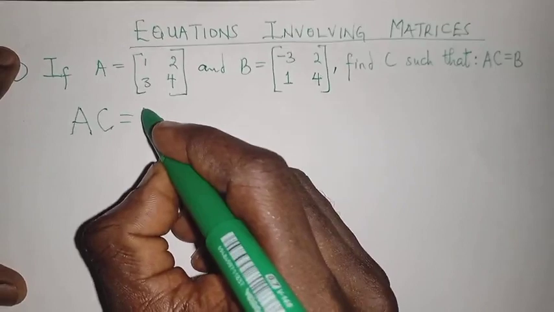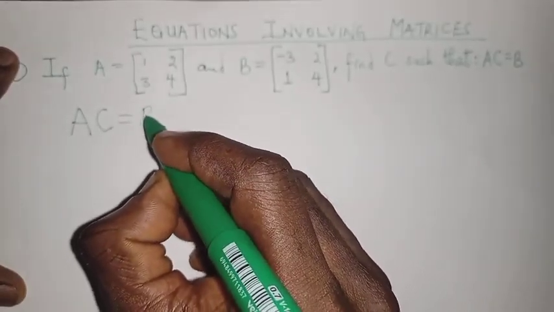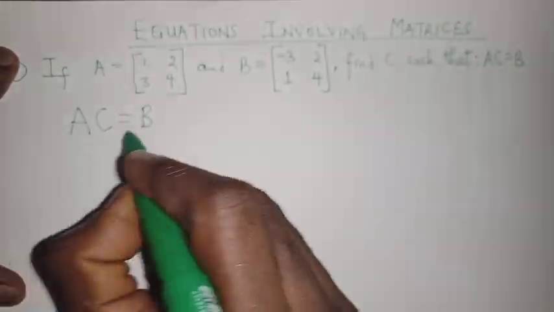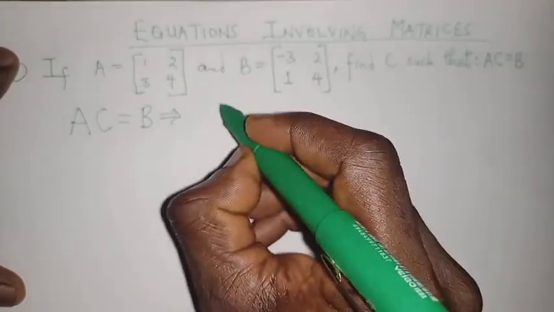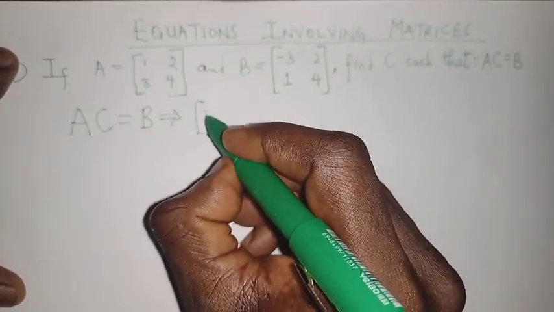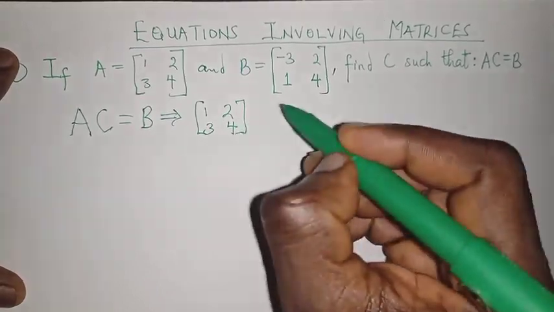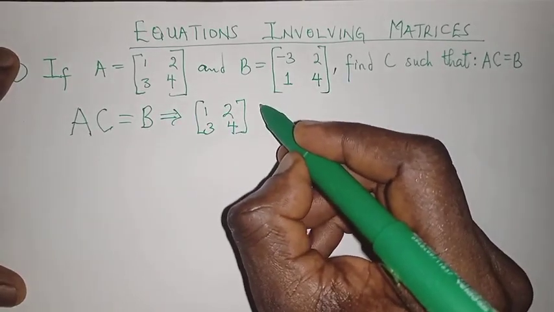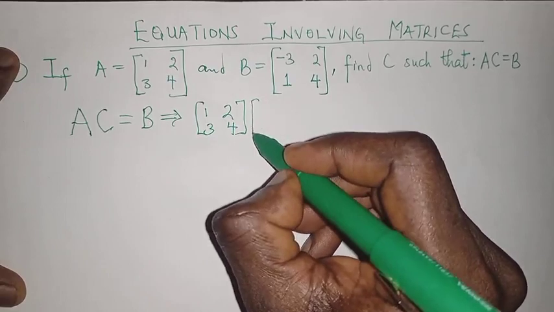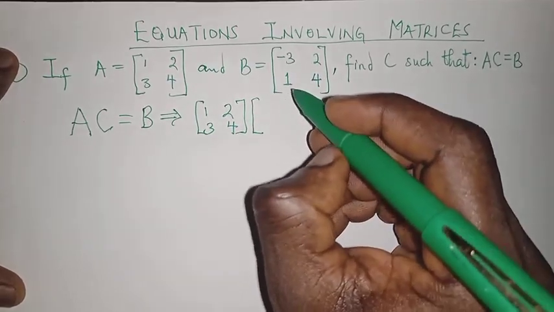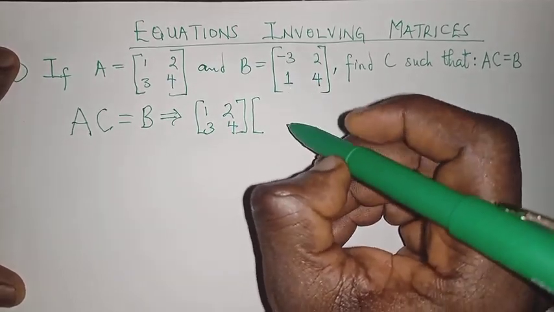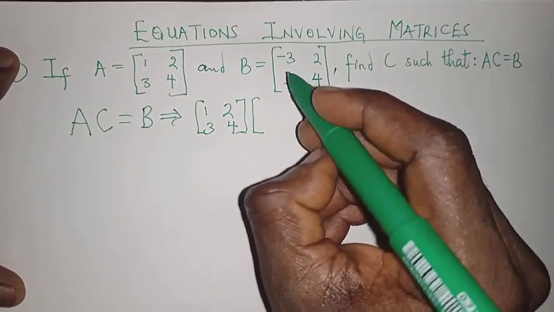We say matrix A multiplied by matrix C gives us B. So what this implies is that, what is matrix A? 1, 2, 3, 4. Matrix C. Since we weren't given matrix C, we can take it to be, let's pick some alphabets.